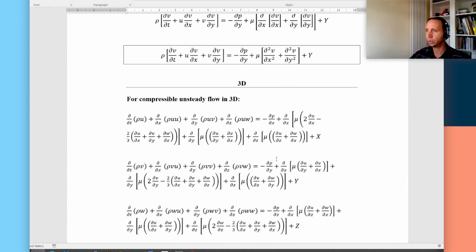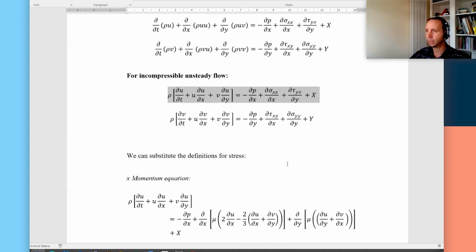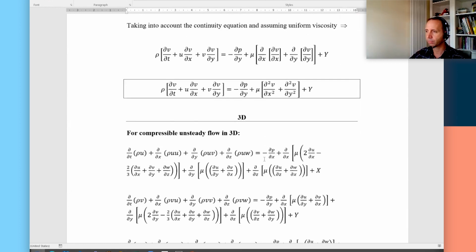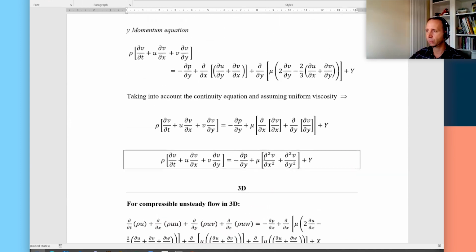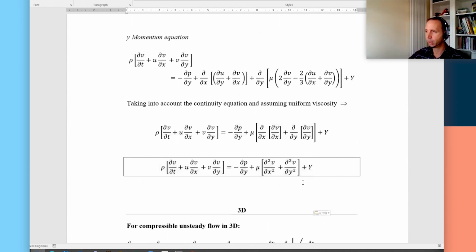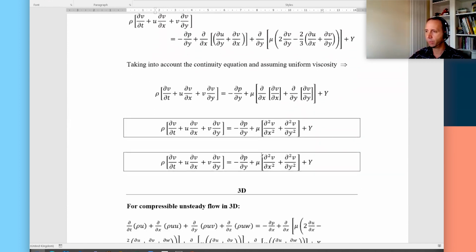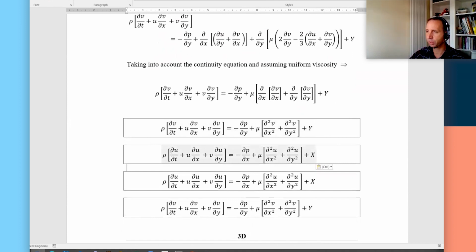It's not given here, so I'm just going to write it briefly. We have the y momentum conservation equation, the x momentum conservation equation, and then the continuity equation, which is mass conservation.